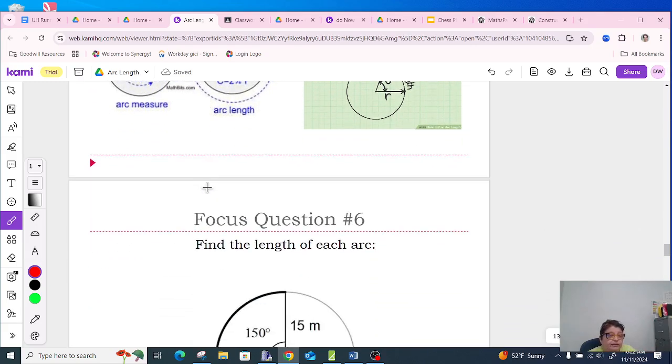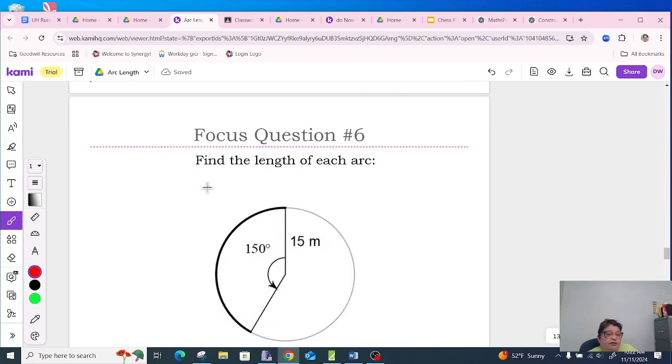So let's try this. So it's saying this is 15 meters, right? And the formula was 2 pi r times theta over 360.